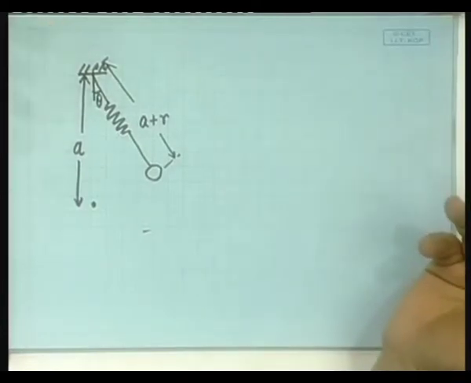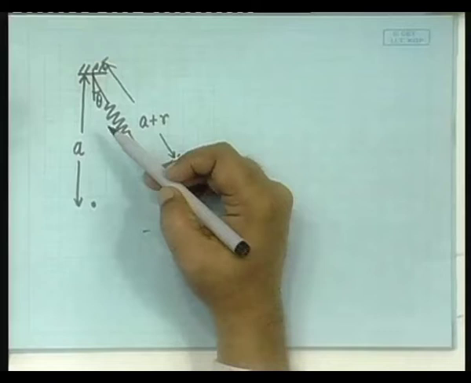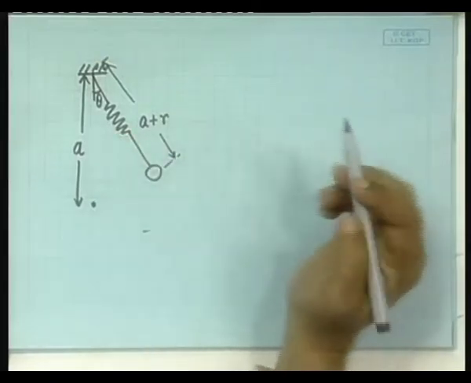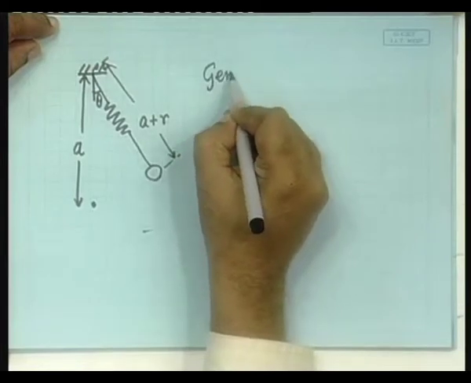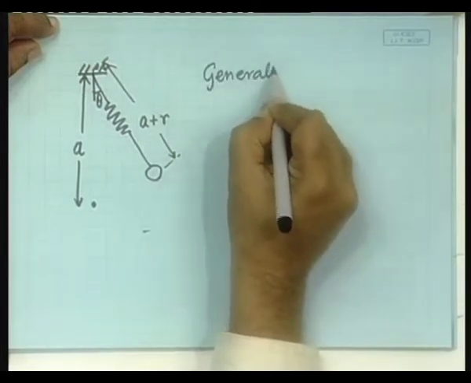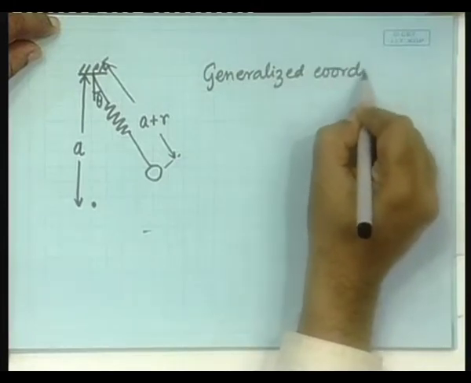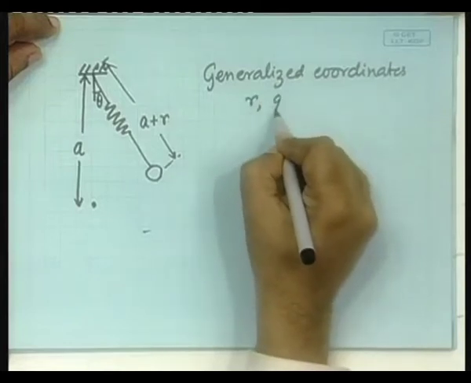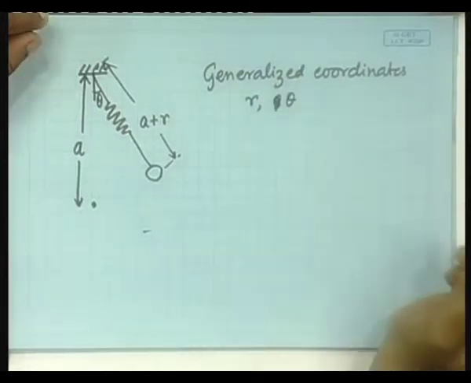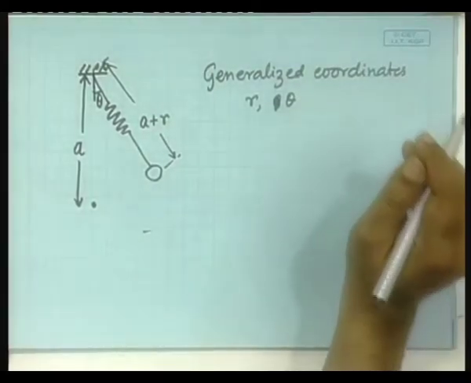We can do it this way. That also uniquely defines its position, does it not? Plus theta. Theta has to be there as one of the coordinates. So r and theta. Then the generalized coordinates become r and theta.